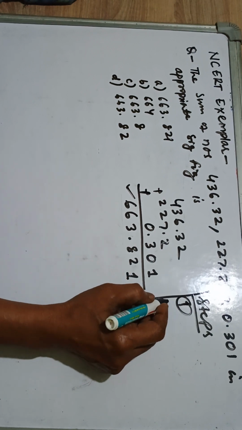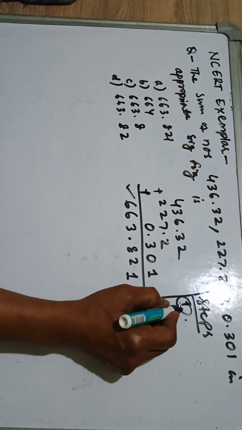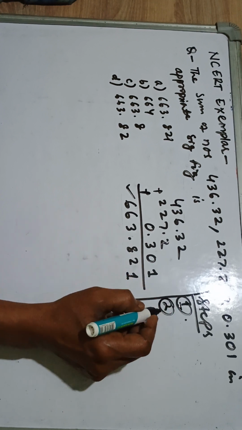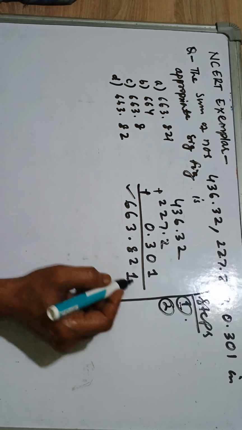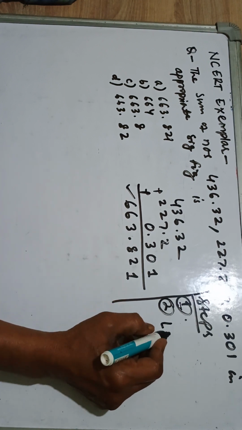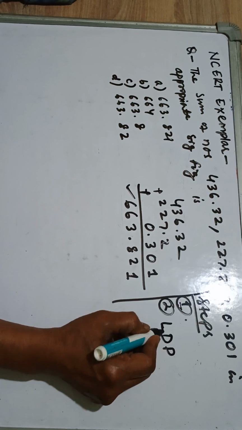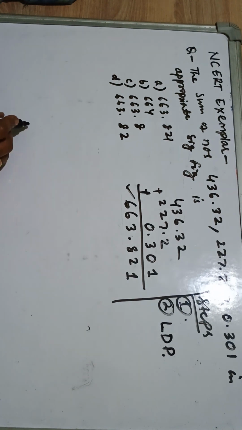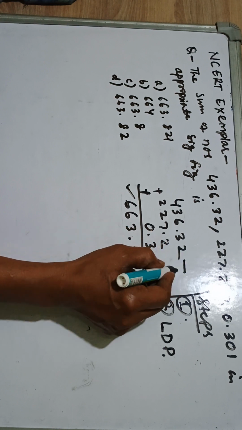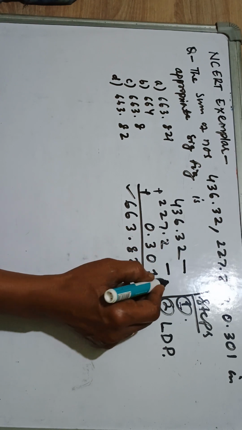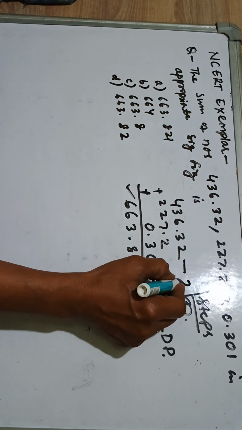Step 2 says we have to find the lowest decimal place and the number. Here the decimal places are 3, 1 and 2.